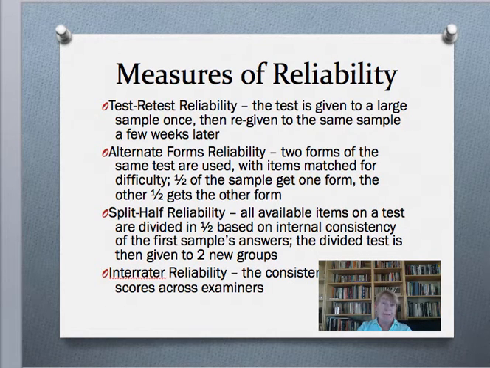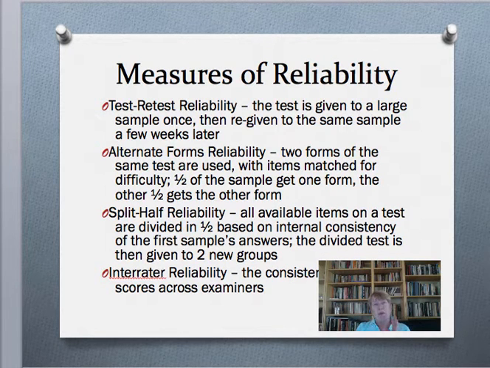So essentially they're the same. So the test has 2 different forms, and I give half of my sample group one form, Form A, and the other half gets the other form, Form B. So remember, I've taken care to make sure that the 2 forms are essentially the same, just different items. And I correlate the scores.